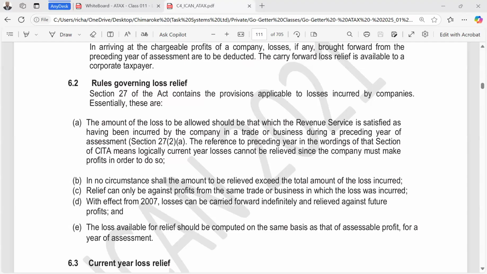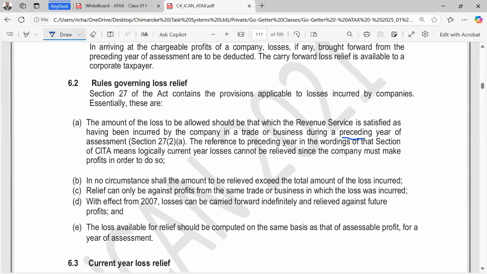What it only means is that you must carry it forward to the next year. So current year loss means the loss made in the same year cannot be relieved in that year. It must be carried forward. And so that's why the context here says preceding year. Any loss that is allowed must be from the preceding year.